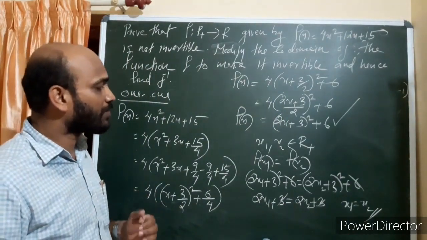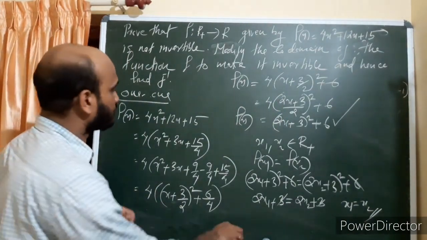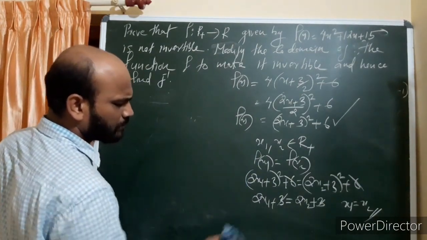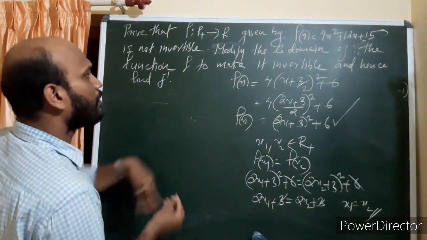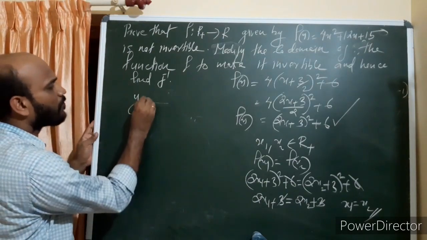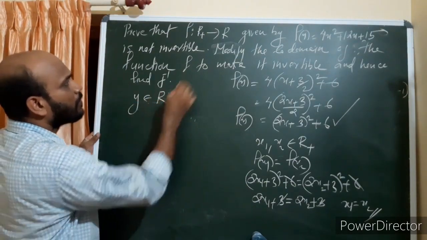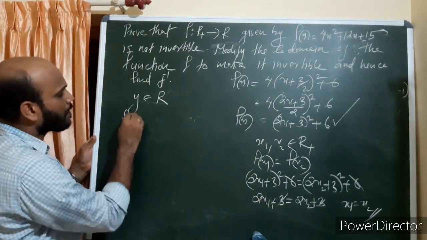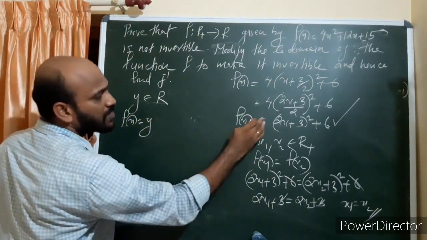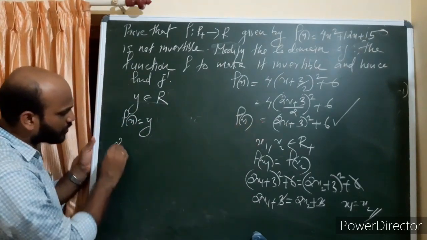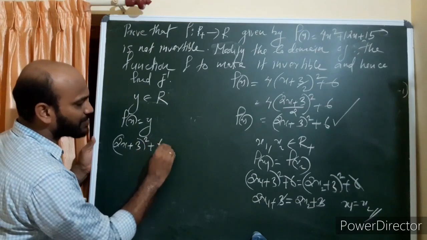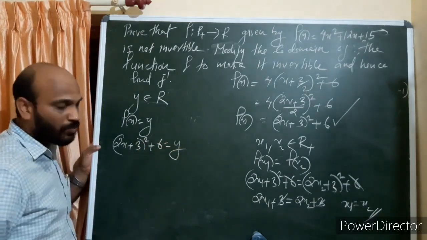Now we have to verify whether it is onto or not. For that, let y belong to the codomain such that f(x) equals y. So (2x + 3)² + 6 equals y.